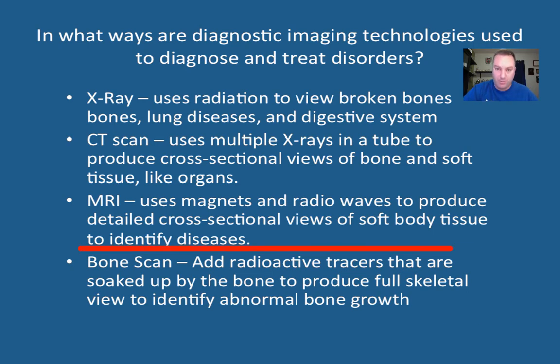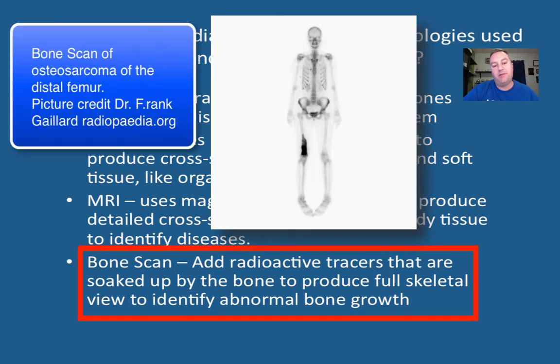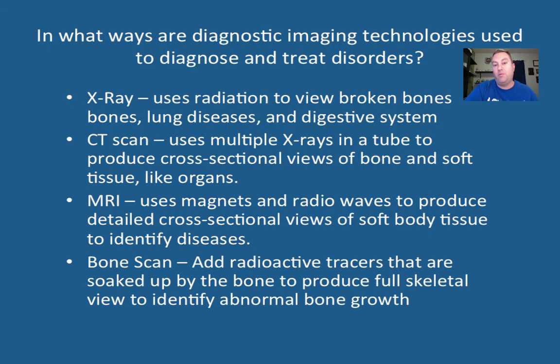All right, bone scan. This would be something that Mike Smith would get in our little story. You're going to take in a radioactive tracer that's going to be absorbed by your bone, and then you're going to be able to take an image, not quite an X-ray, but something similar, and you're going to be able to see where that radioactive tracer has been absorbed by the bone and where it has not.